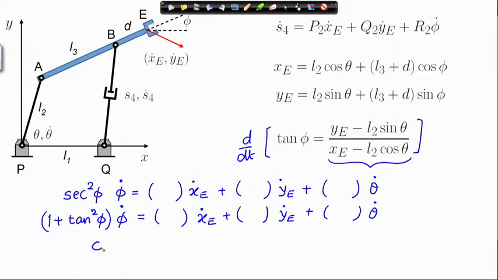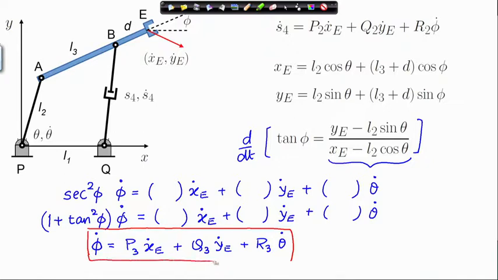So, finally, I must have, let me call it, some P 3 x e dot plus q 3 y e dot plus r 3 theta dot, where remember that P 3, q 3, r 3 are solely functions of x e, y e and theta.